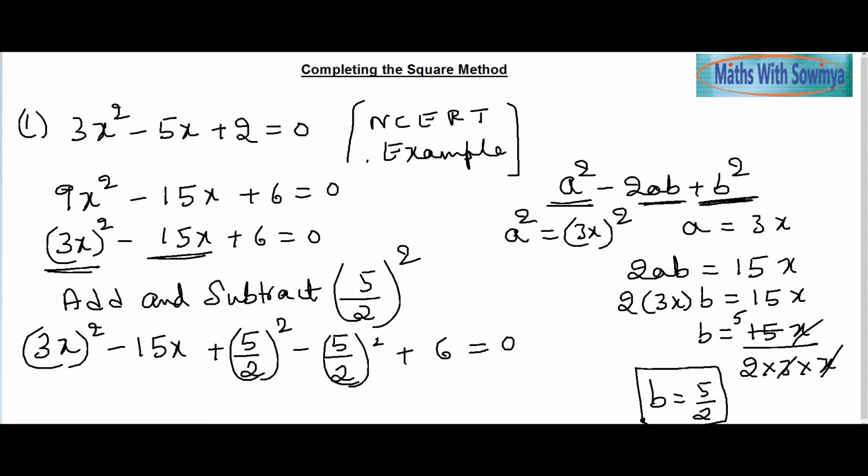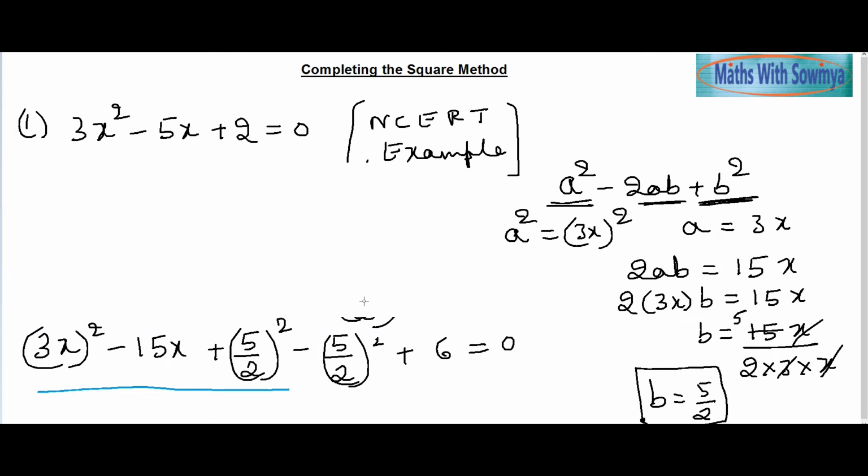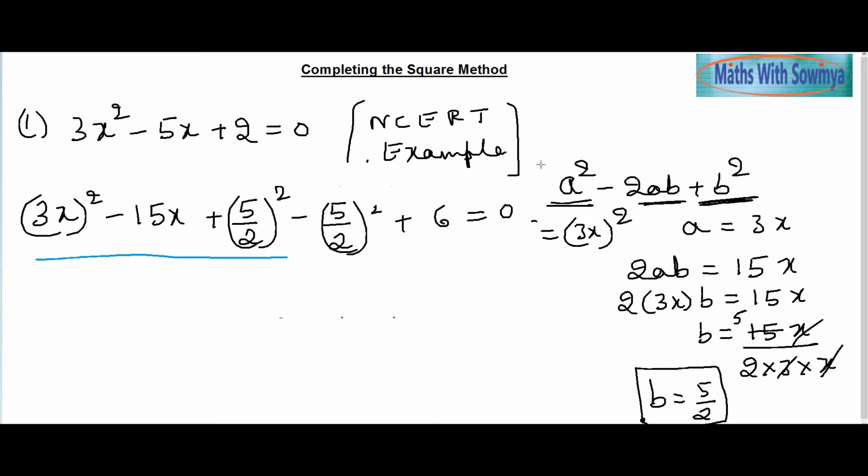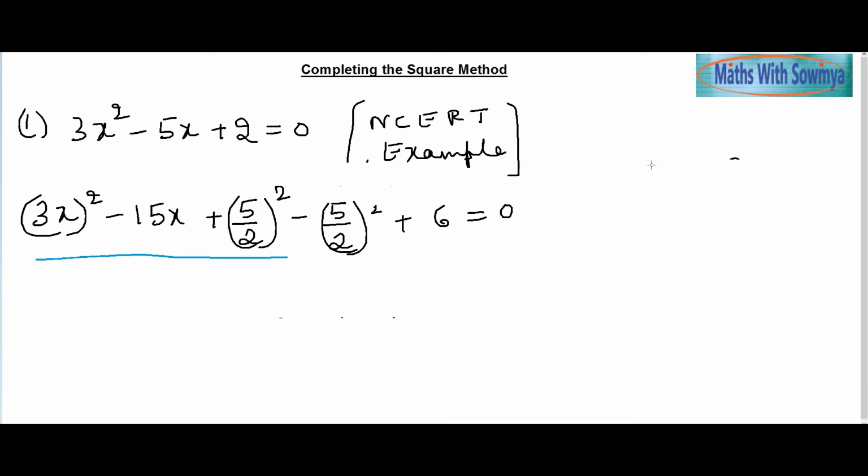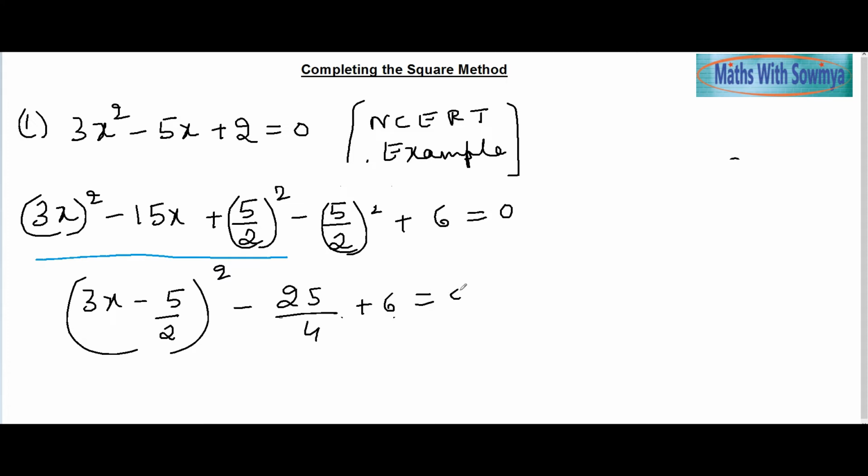Now this is the perfect a square minus 2ab plus b square. I can call this a minus b whole square here. Now this is 3x minus 5 by 2, a minus b whole square, minus this is 5 by 2 square, that is 25 by 4, plus 6 is equal to 0.